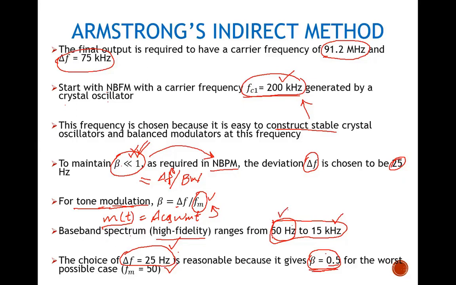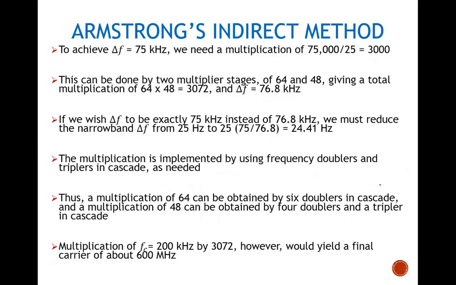Let's say you have a 50 hertz signal, because we cannot reduce delta F to less than 25, the deviation. If it's less than this, then we would require many multipliers to get the higher frequency deviation that we want at the output of the Armstrong modulator. So I hope this point is clear.